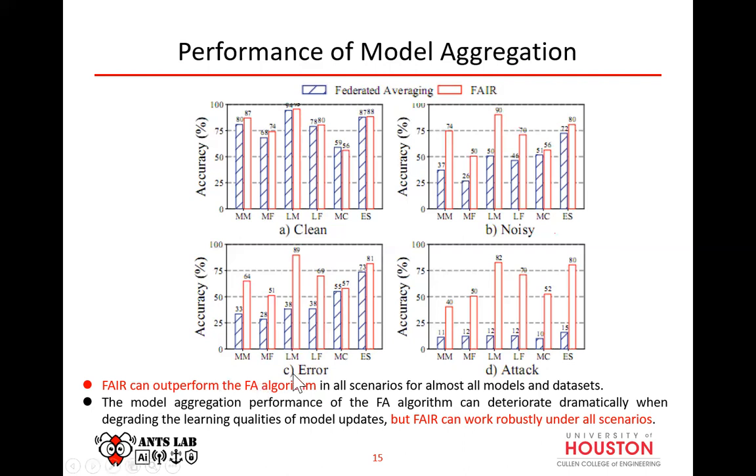We can see that FAIR can outperform the FedAvg algorithm in the 4 scenarios for almost all models and data sets. And the model aggregation performance of FedAvg deteriorates when the learning quality of model updates degrades. But FAIR can work robustly under the 4 scenarios.